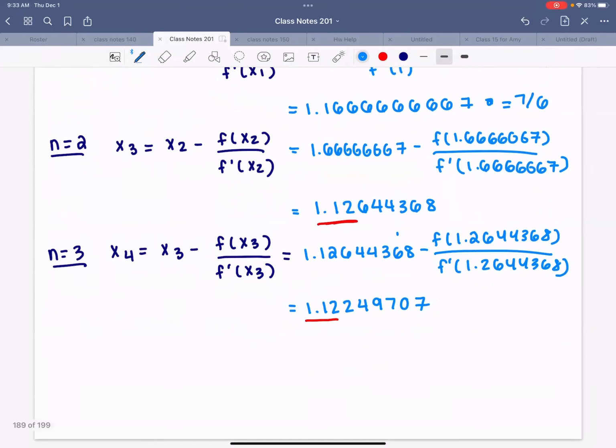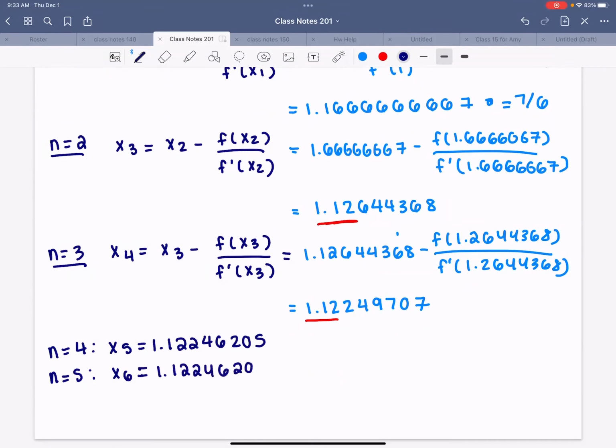Okay, I'm not going to set this up anymore, but when n equals 4, you should get that x5 is 1.12246205. Okay. When n equals 5, you can check this on your own if you would like to. I'm just kidding. x6 is 1.12246205.